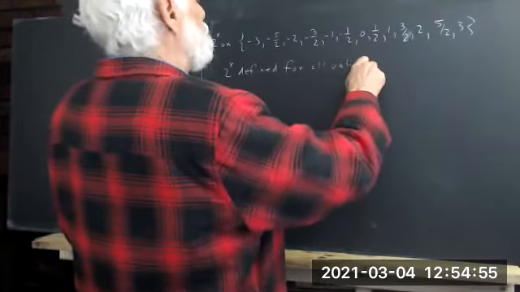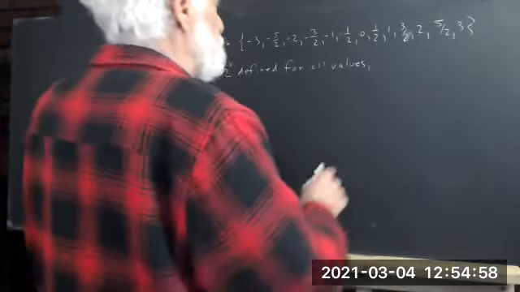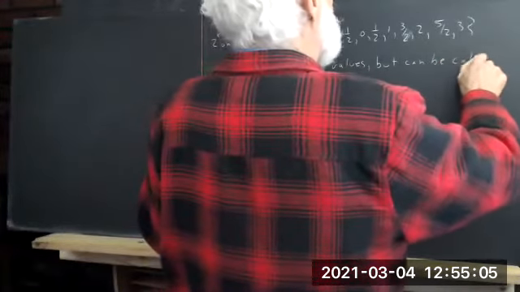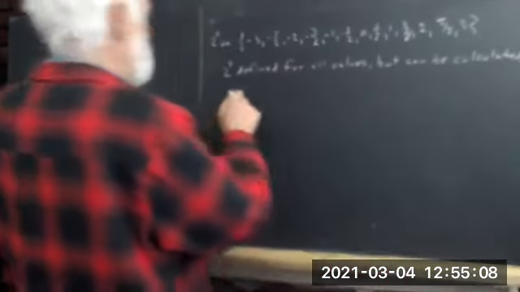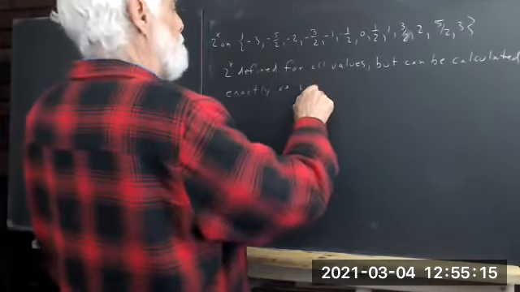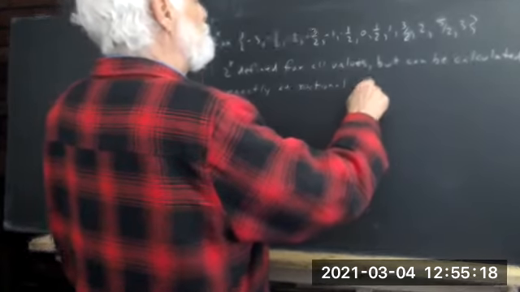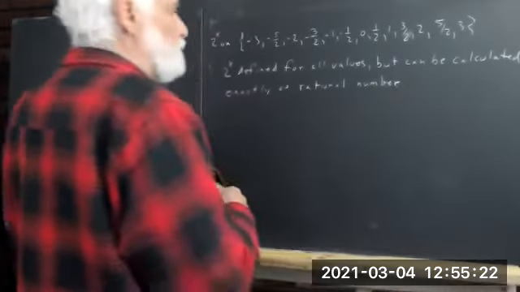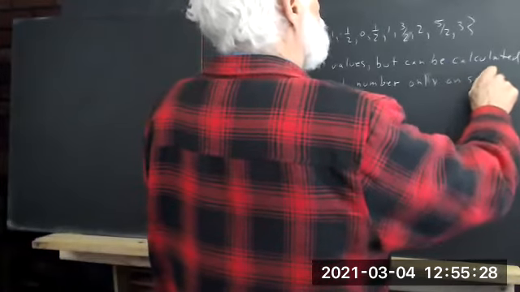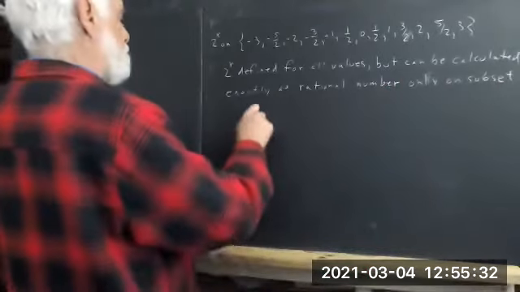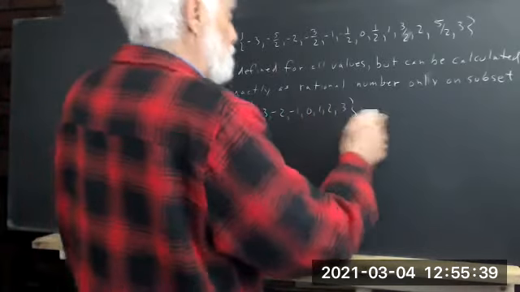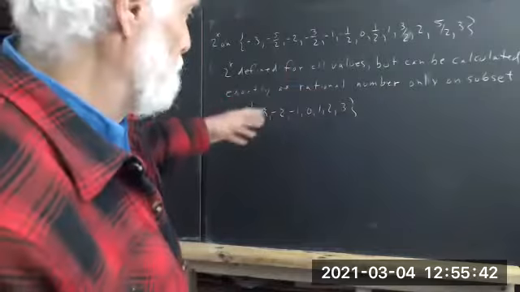So it's defined for all values, but can be calculated exactly, so the result is a rational number, only on the subset -3, -2, -1, 0, 1, 2, 3. And that's very easy to calculate, as you, I'm sure, understand.